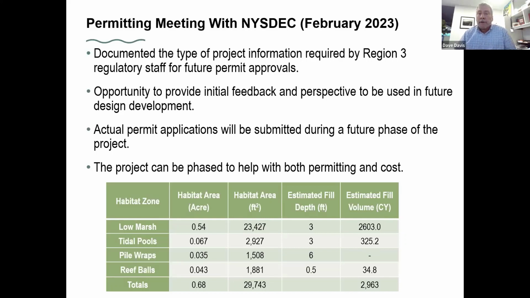And that's the trade-off versus how much fill would go into the Hudson River, which we estimate right now conceptually is about 3,000 cubic yards, which to me is not a great amount of fill, but the agencies, like Barbara mentioned, would prefer a no net fill situation. But building that case for habitat versus fill will definitely be part of the next phase of the discussion.